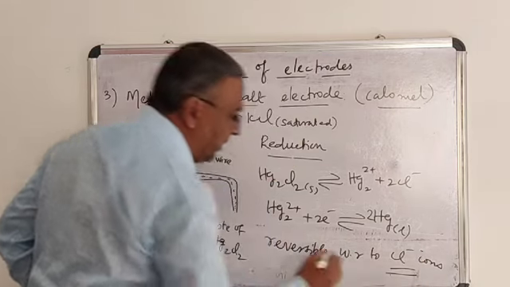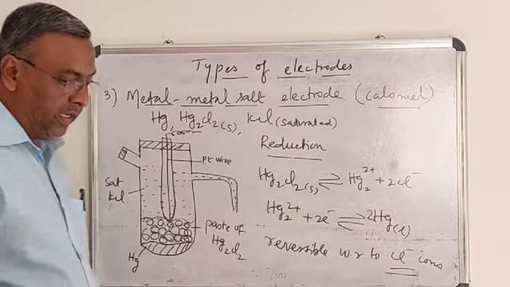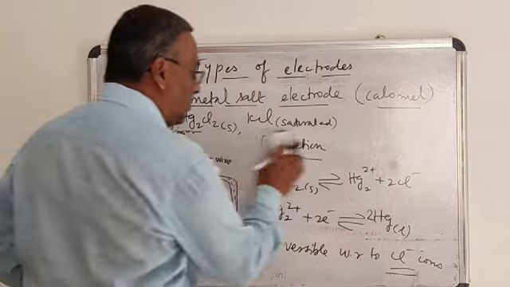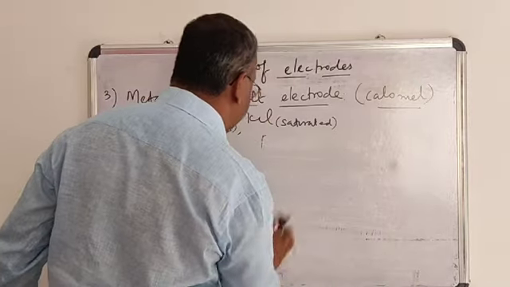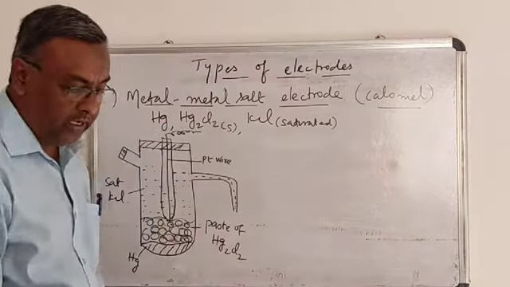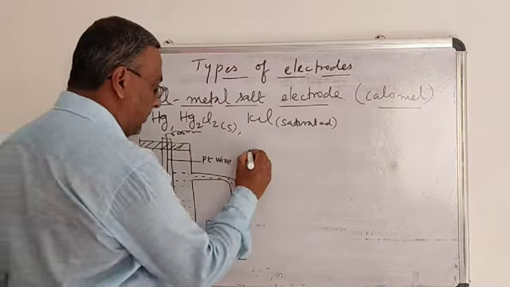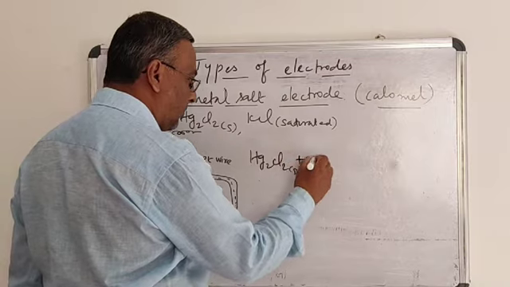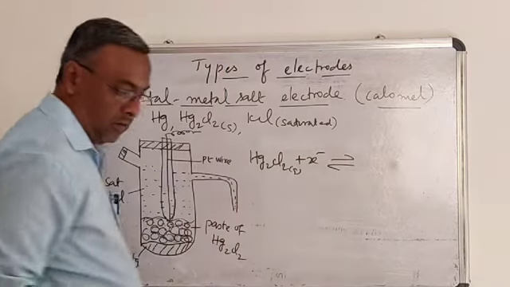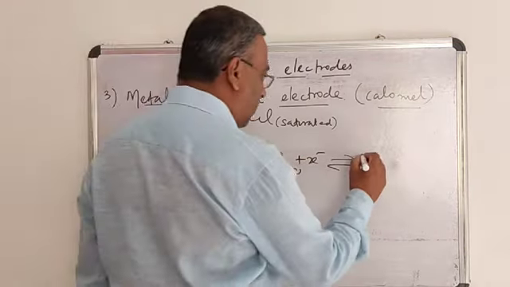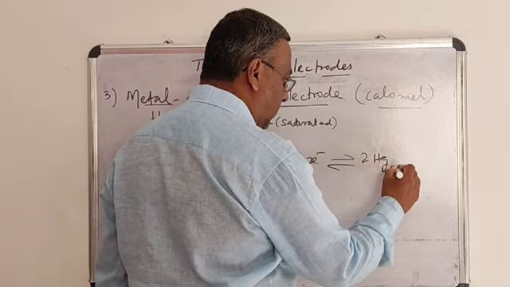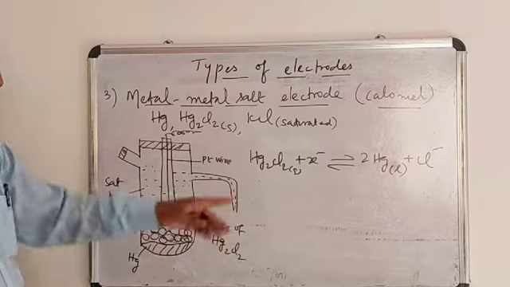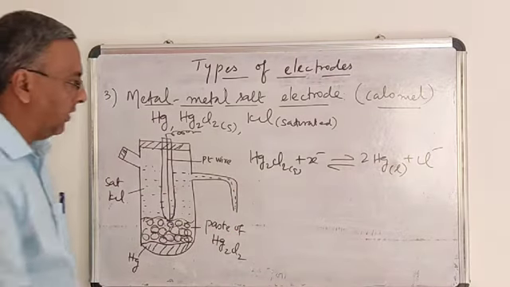Remember, the calomel electrode is reversible with respect to Cl- ions, and we can write the total cell reaction. The total cell reaction can be written as follows, to give the total cell reaction of the calomel electrode.